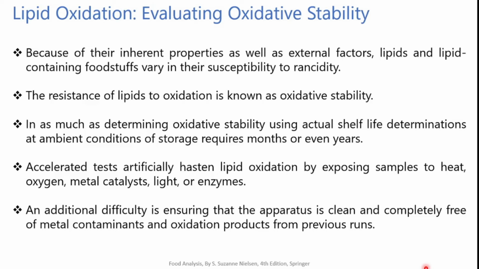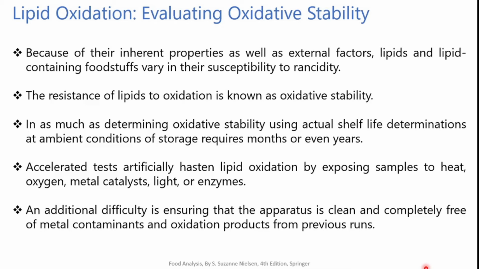Determining oxidative stability using actual shelf life determinations at ambient storage conditions requires months or even years. There is a shelf life for every kind of sample, which should be an important factor while determining oxidative stability.